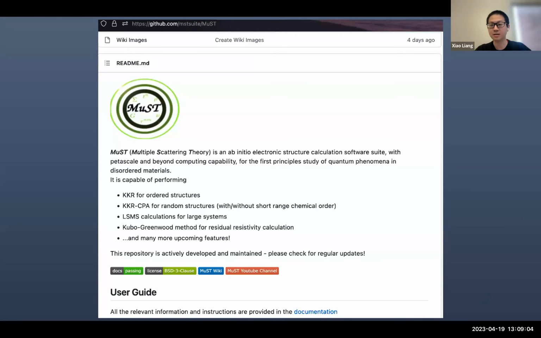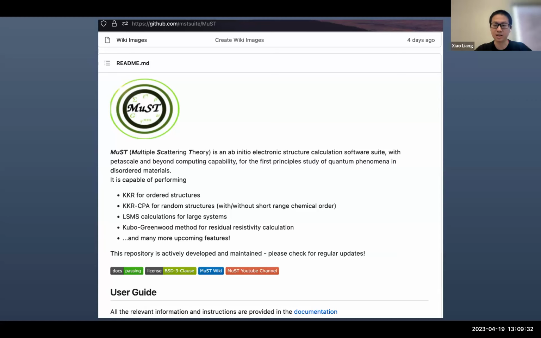Before my talk begins, I would like to introduce the software package MuST, which is currently open sourced on GitHub. MuST can do the electronic structure calculation based on multiple scattering theory, along with the Green's function technique. This is a different approach compared to widely used software packages like VASP, Quantum Espresso, Wien2k, and so on.